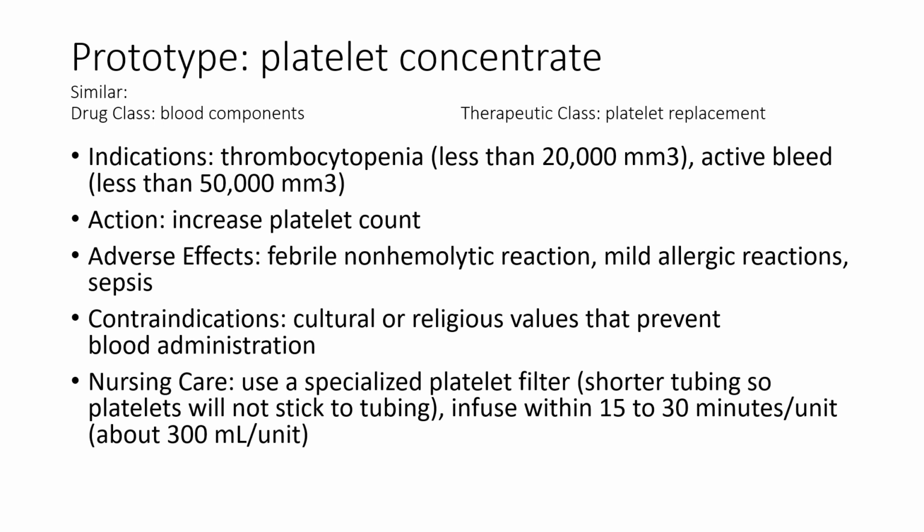So if someone has a platelet count of 70,000, we're not going to transfuse them with platelets if they're not bleeding, because they're just going to disappear within 5 to 7 days. Because 20,000 is very, very low, they're at high risk of bleeding. So we will transfuse patients with platelet counts below 20,000.